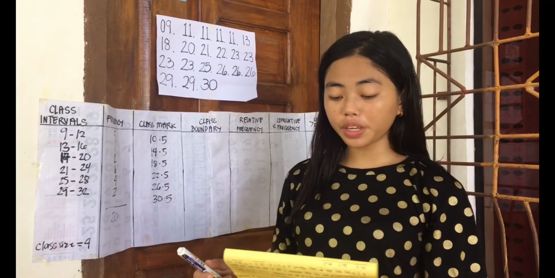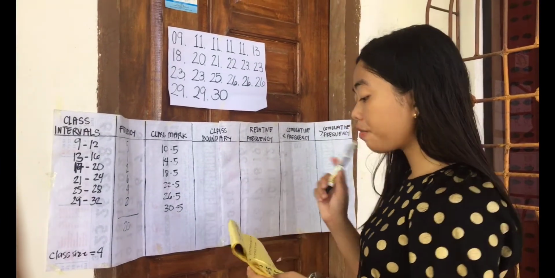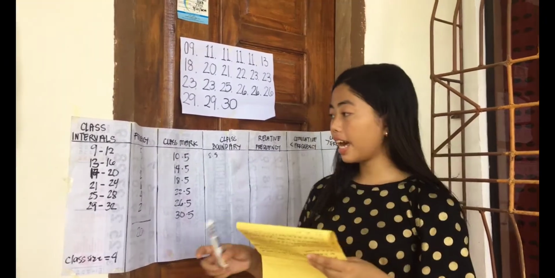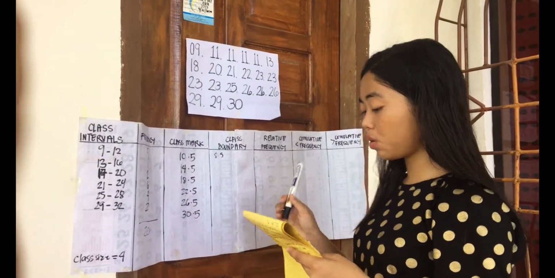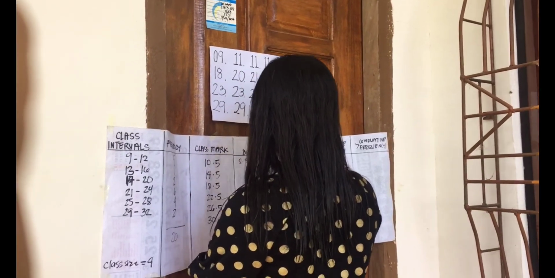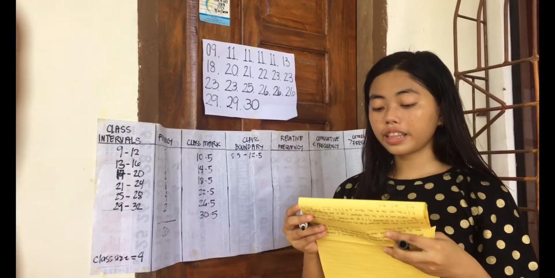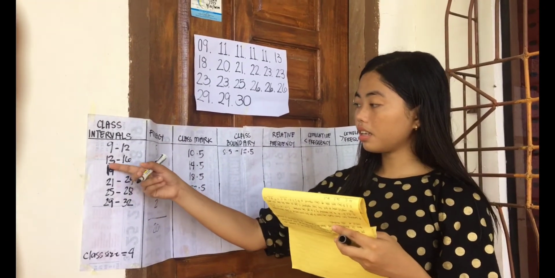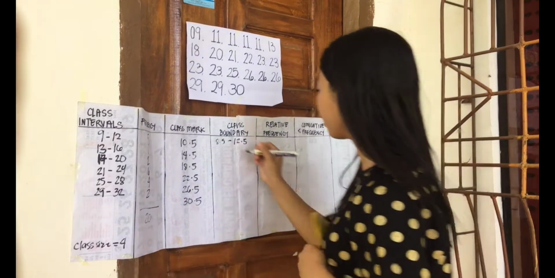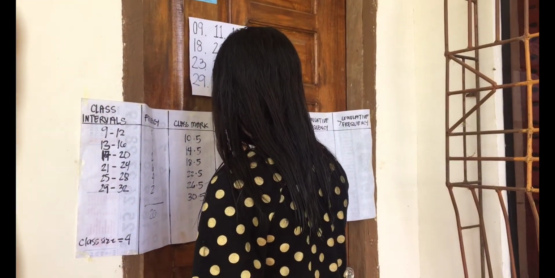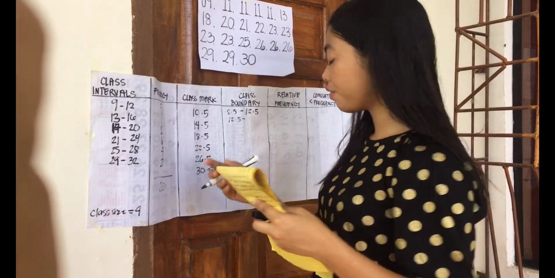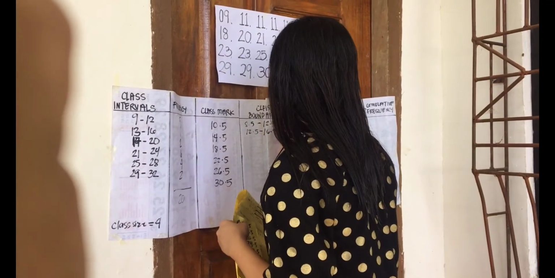To get the class boundaries, we subtract 0.5 from the lower limit and add 0.5 to the upper limit. So 12 plus 0.5 equals 12.5, and 13 minus 0.5 equals 12.5. 16 plus 0.5 equals 16.5.